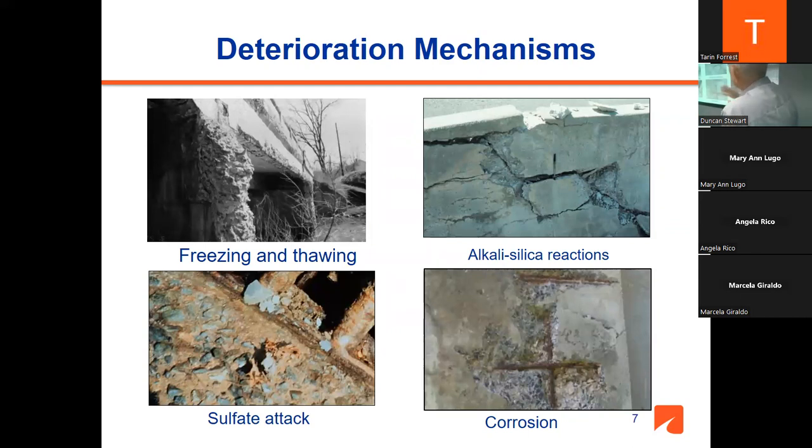As you see on the freezing and thawing, this structure is in Virginia, but was made at the time that they were not using air entrainment. So now we can put some air entraining admixture into the concrete and avoid such distress in our concrete. Why does this happen? When we are in a hurry and put our drink bottle, a glass bottle, into the freezer, and then forget it there and come back, we find that the bottle is broken.